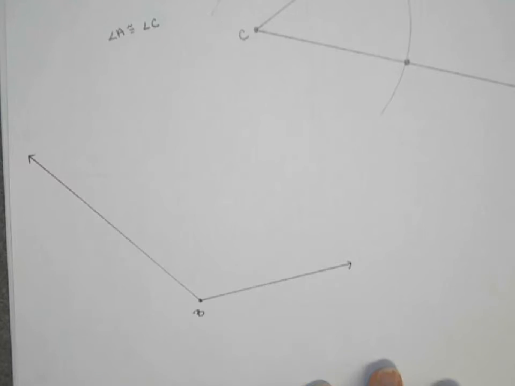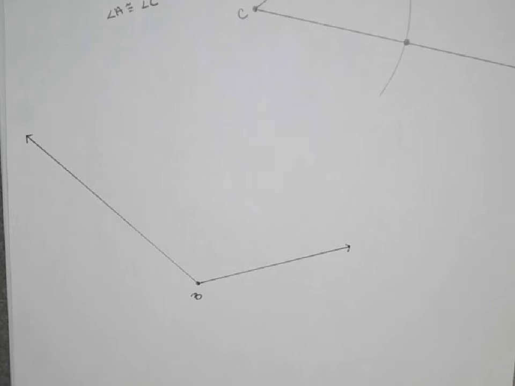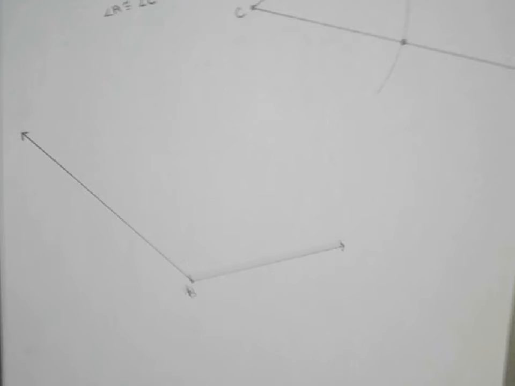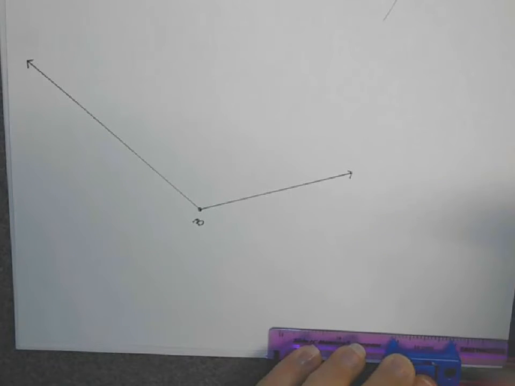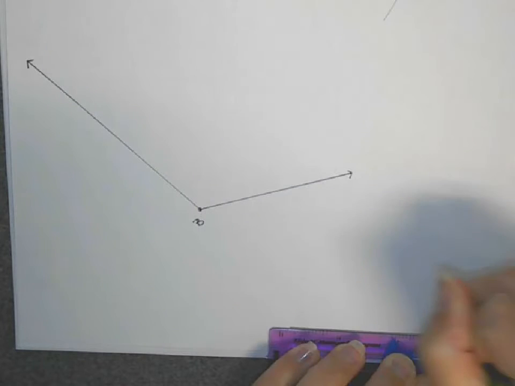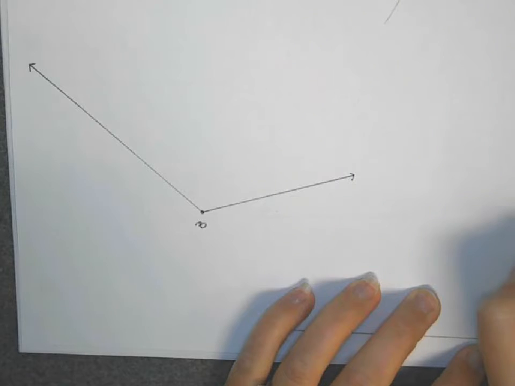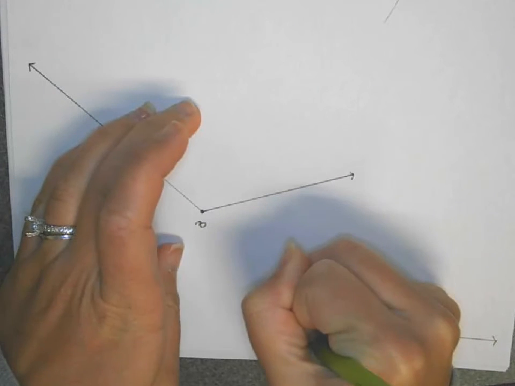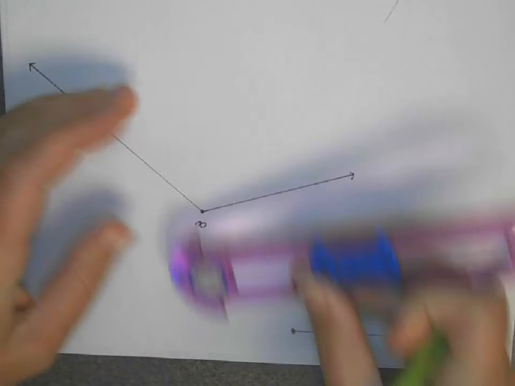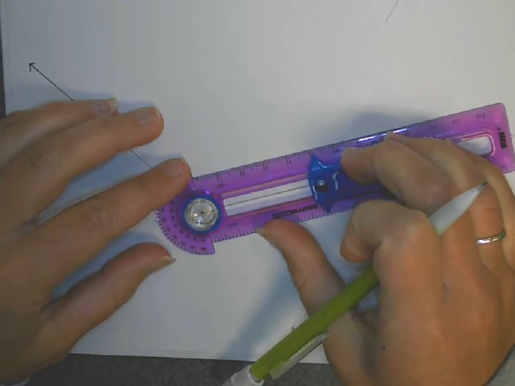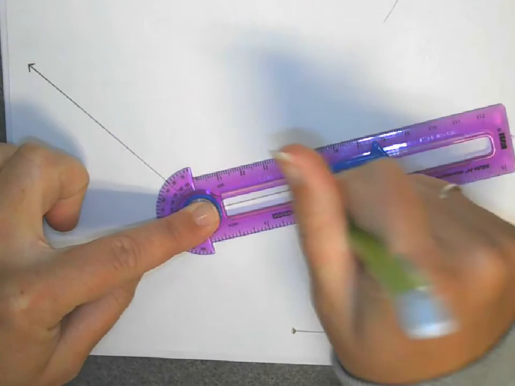We're going to do this one again. I'm going to show you this one again. So again, if we're starting something new, we're always going to start with a ray. So here is a ray. Then what we're going to do is make an arc on our original angle here.